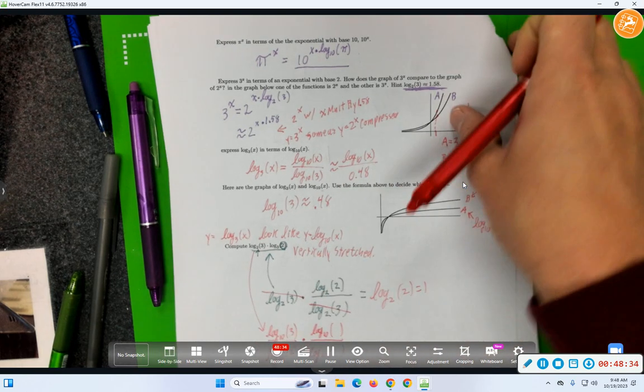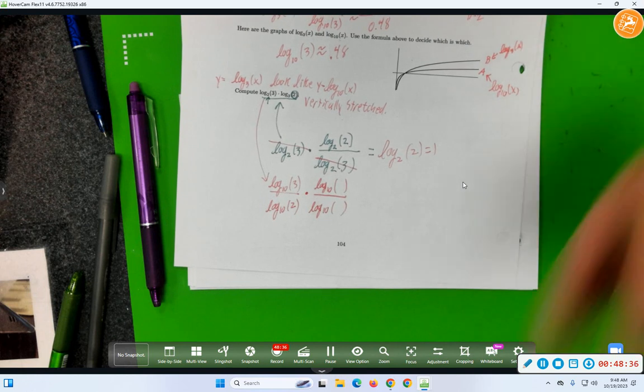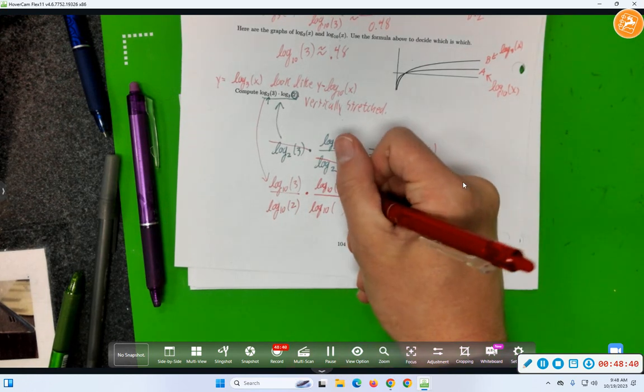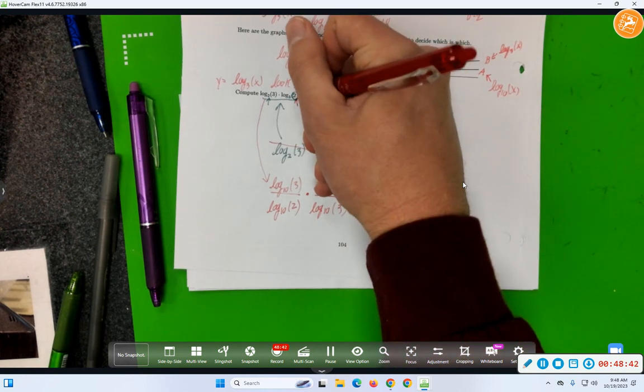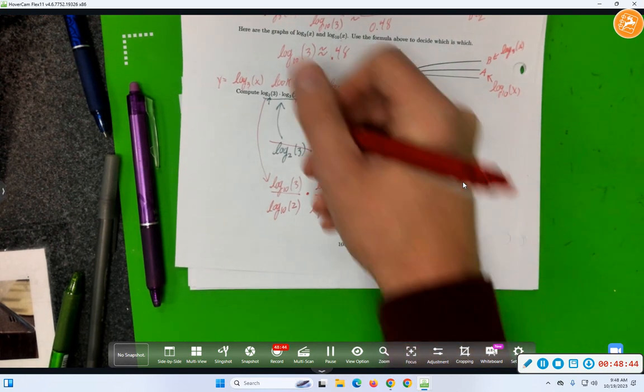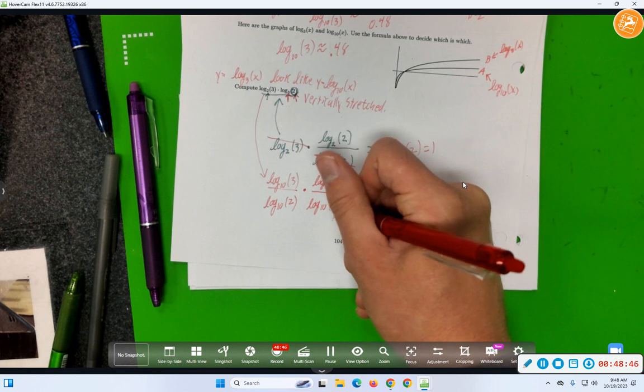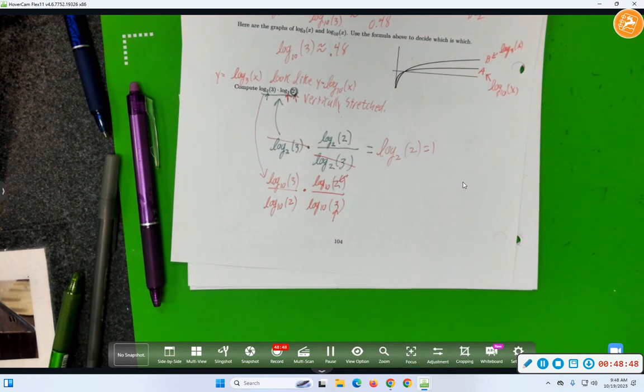Oh, sorry. Yeah. 2 on top, 3 on the bottom, because the thing in the parentheses becomes the thing in the parentheses, and the thing on the bottom becomes the thing on the bottom. Nice. Anything cancel? Does everything cancel? Yeah. So what are you left with?